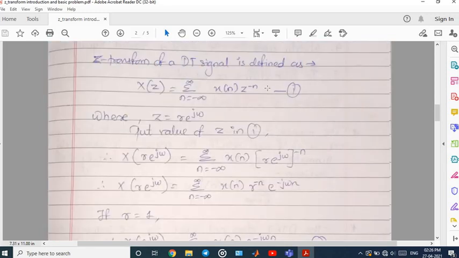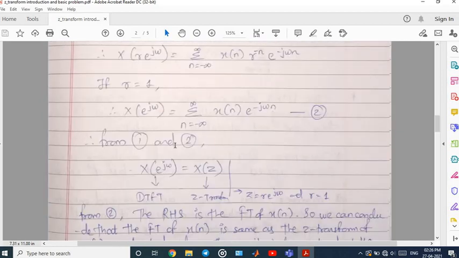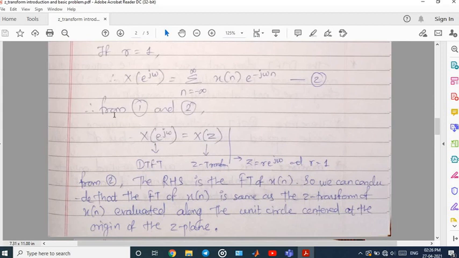The only difference is we have to put e to the power j omega here. So from 1 and 2, x of e to the power j omega equals x of z. This is the discrete time Fourier transform, this is the Z transform. These are equal under this condition, when z equals r into e to the power j omega and r equals 1.